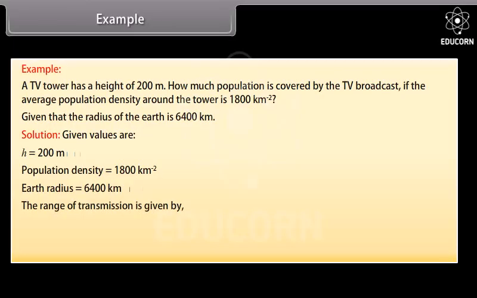The range of transmission is given by D equal to the square root of 2HR. Now, put the values and calculate. We get the value of D equal to 5.06 times 10 raised to the power 4 meters. Area covered by transmission is equal to pi D squared.